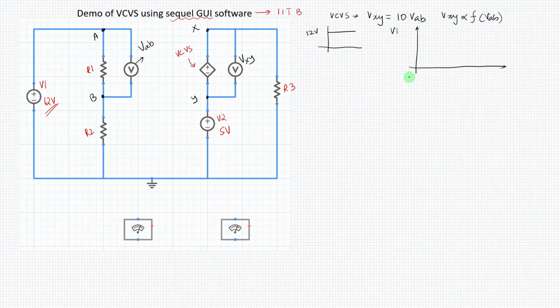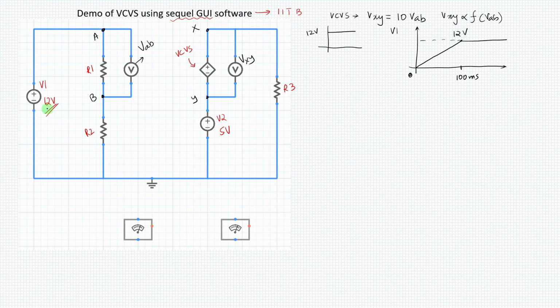It will start at 0, and in 100 milliseconds it will become 12 volts. So the graph of V1 will look something like this. It will gradually build, and after 100 milliseconds it will become 12 volts.